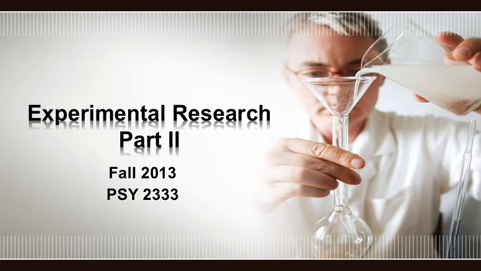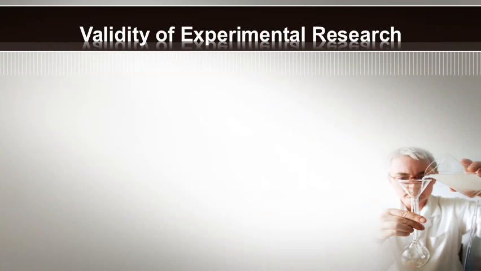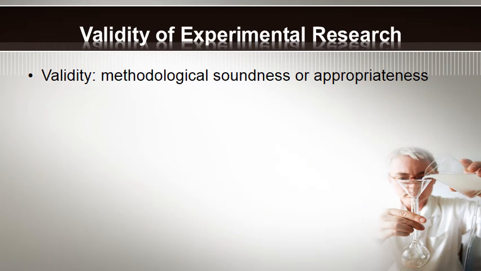So in the second part, we're going to talk about validity and factors that affect research validity. We know from before that a measure is valid if it measures what it's supposed to measure.